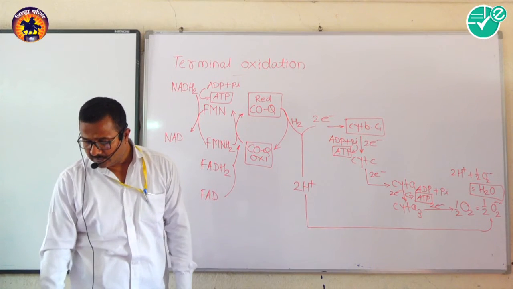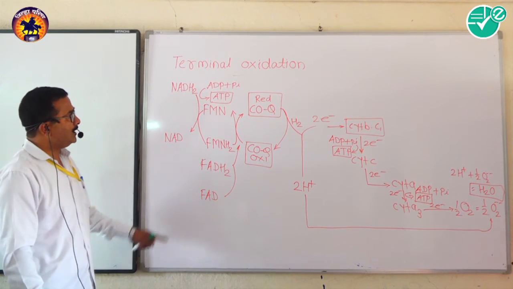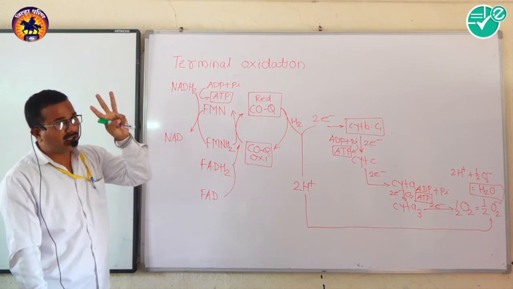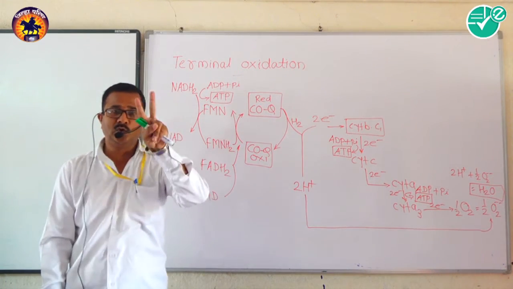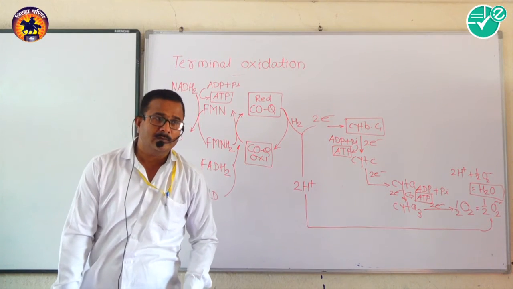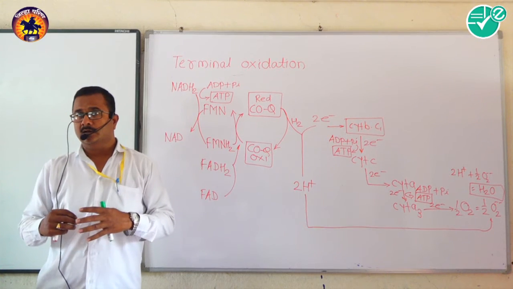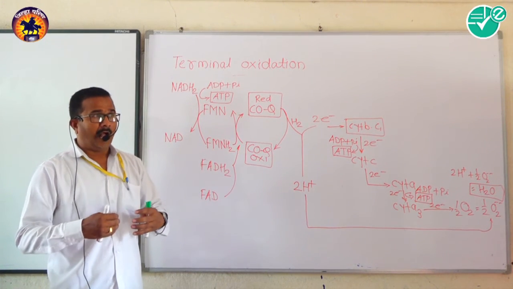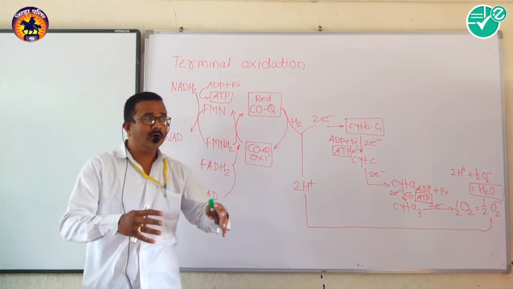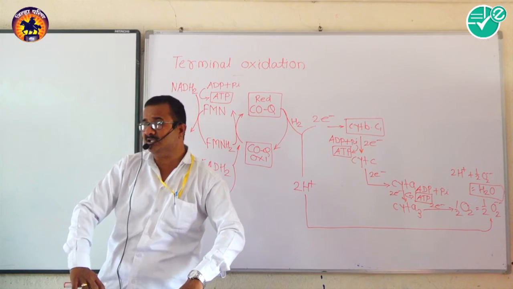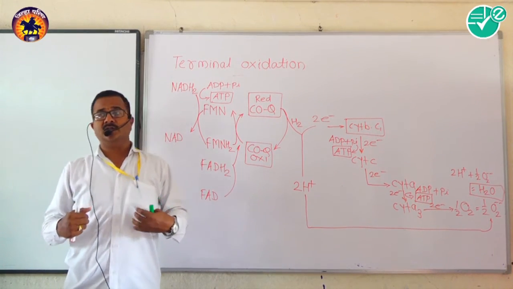So in the electron transfer system, from one NADH2, three ATP molecules are formed, and from one FADH2, two molecules are formed. Now we see how ATP is formed, how the food molecule gets completely oxidized and more energy is released to carry out the various cellular activities.